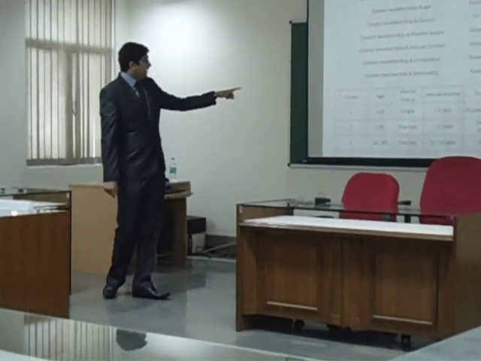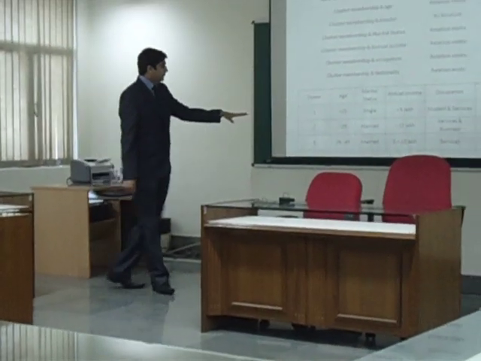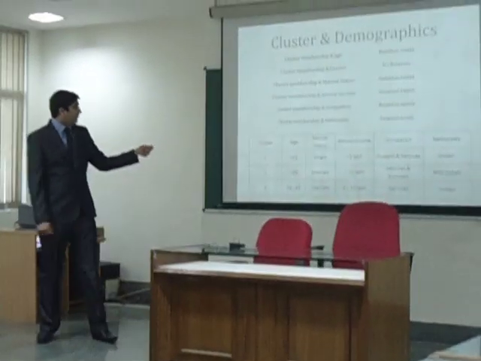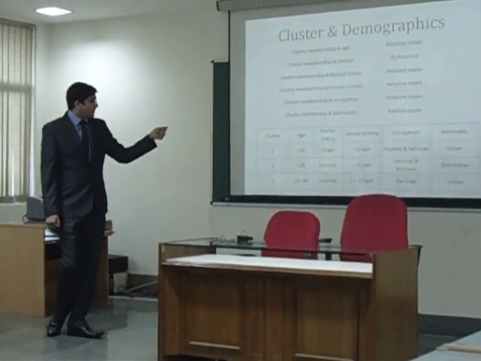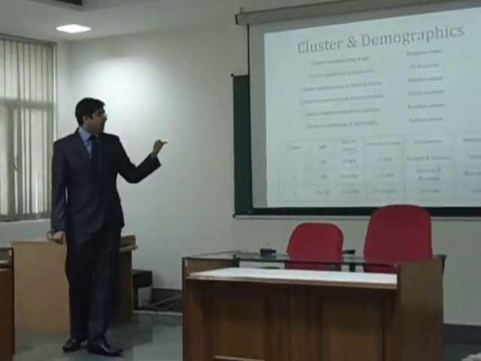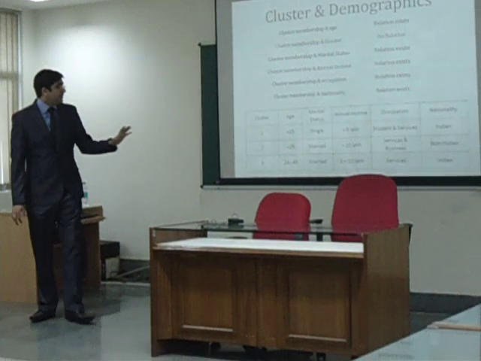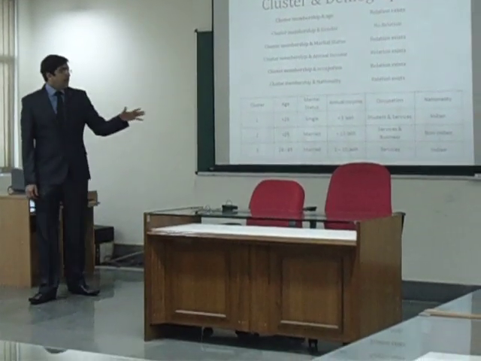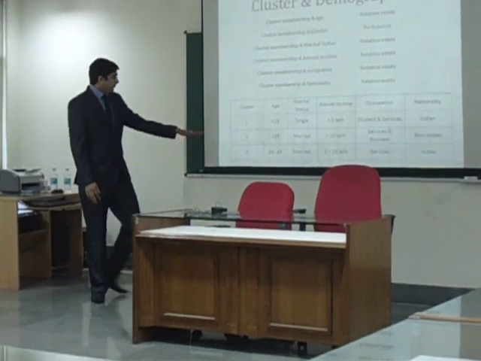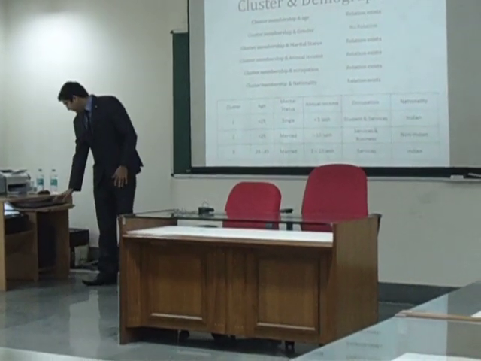Based on the cross-checks, we found that the demographic profile of cluster 1 is those who are less than 25, single, with annual income of less than 5 lakh, and their occupation is student and basically services, and nationality Indian. That's how we found the demographic profile of all the 3 clusters.